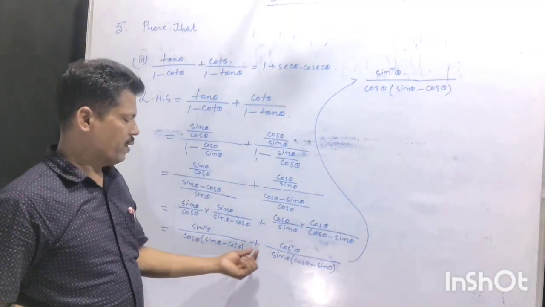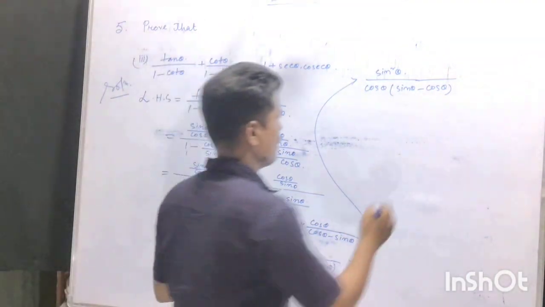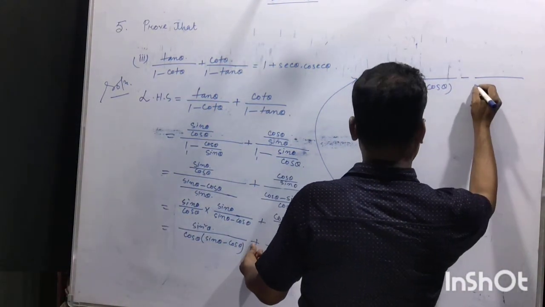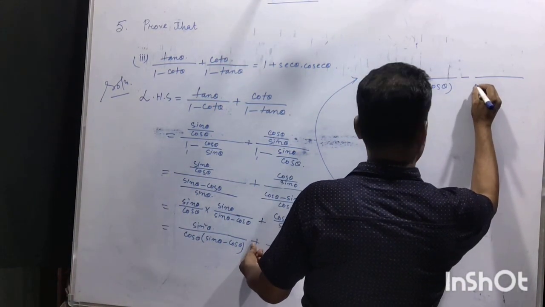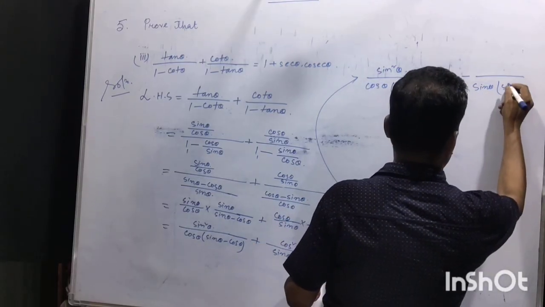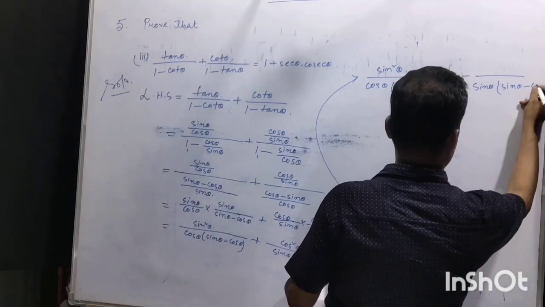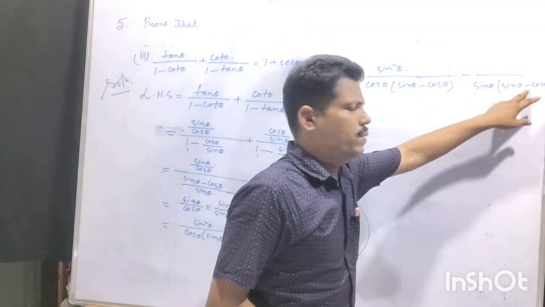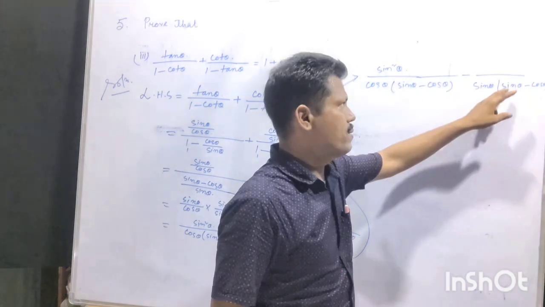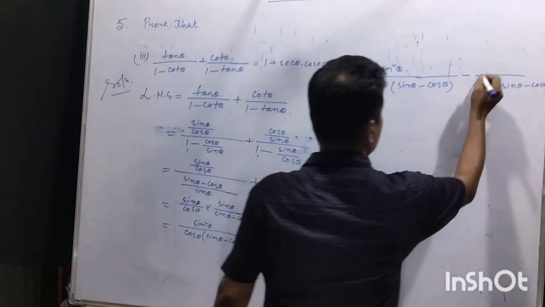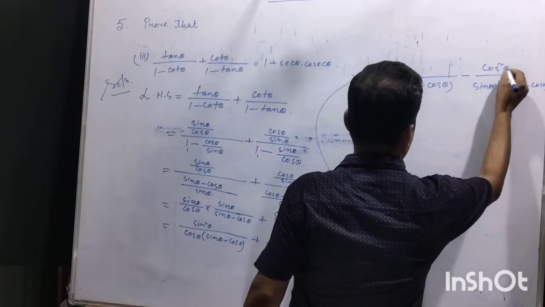So if we write the minus here, we can write sin theta into sin theta minus cos theta. At that time minus will be plus, cos theta will be plus and sin theta will be minus, and the numerator part is cos square theta.